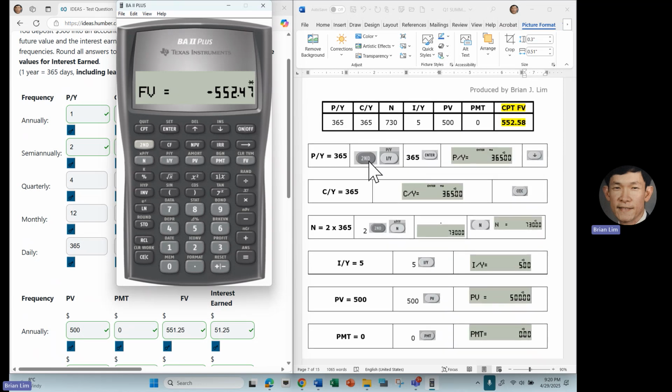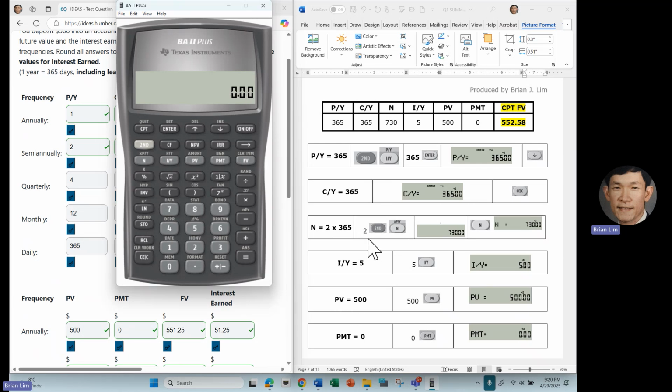We go second IY, put in 365 and then click enter. And if we go down right there, CY is also 365. We clear, and like I said, if you wish to get rid of the 365, we clear it once more.